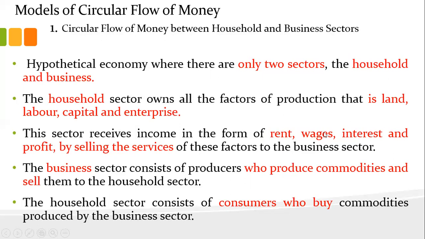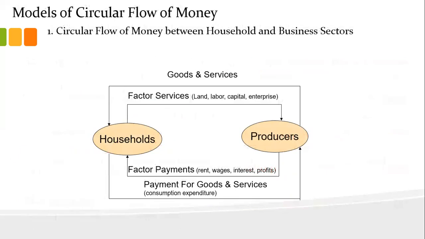To the business sector. And the business sector consists of producers who produce commodities and sell them to household sectors. Household sectors consist of customers who buy commodities produced by the business sector. So this is a truly hypothetical economy where there are only two sectors, and they both are dependent on each other.